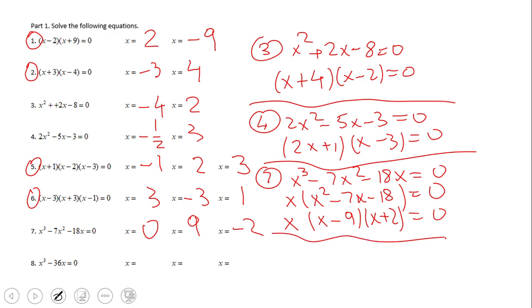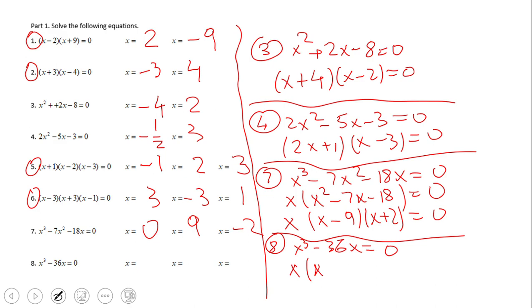And for the last one, number 8, x cubed minus 36x equals 0. We have x times x squared minus 36 equals 0, or x times x minus 6 and x plus 6, a difference of squares.